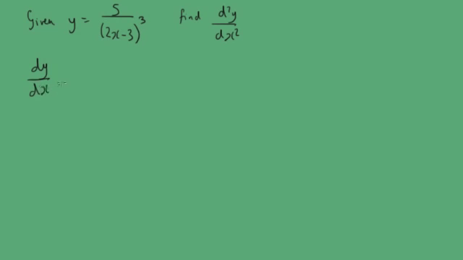Let's look at a couple of examples. So given y equals 5 over (2x minus 3) cubed, find d2y by dx squared. So first we're going to find dy by dx, and we're going to use the chain rule.